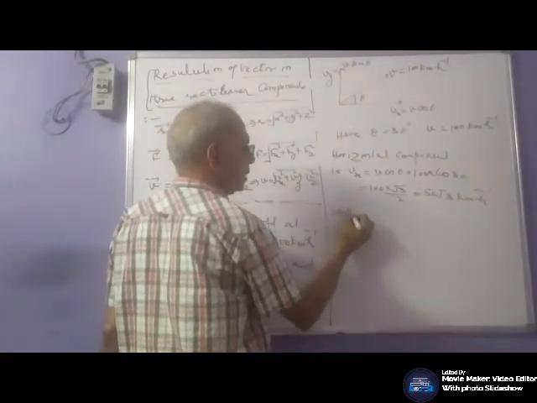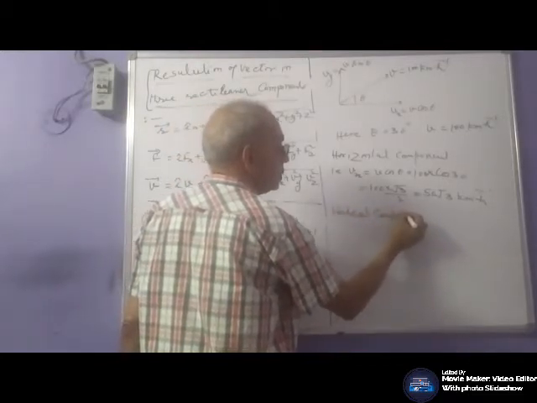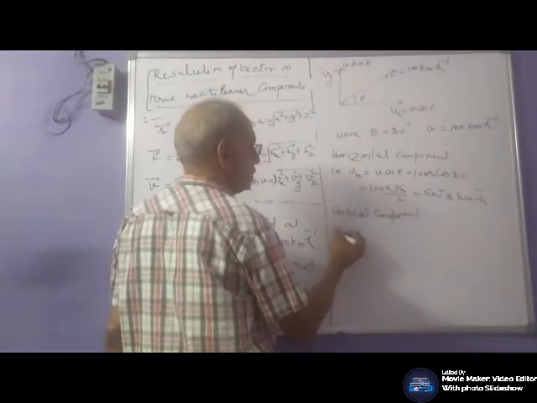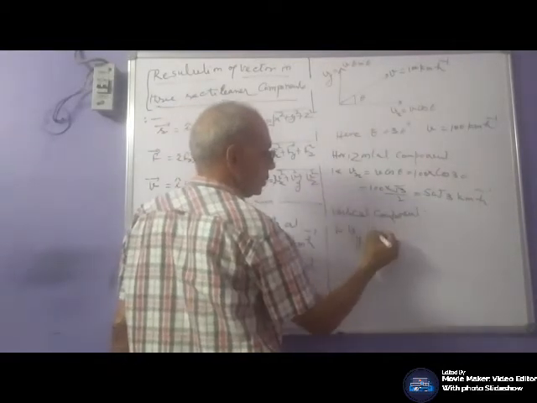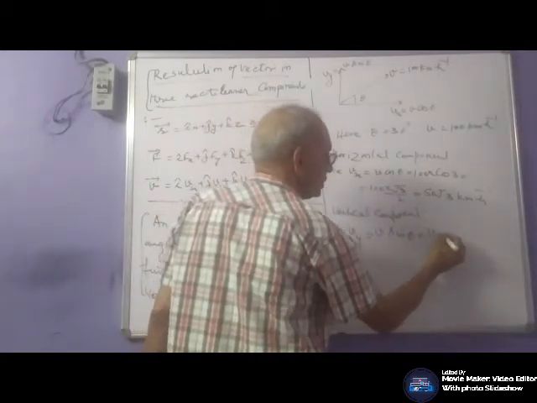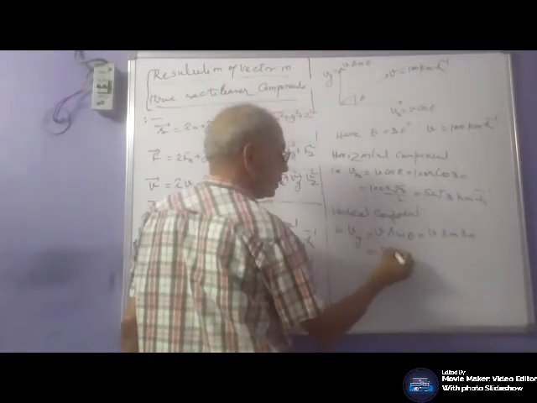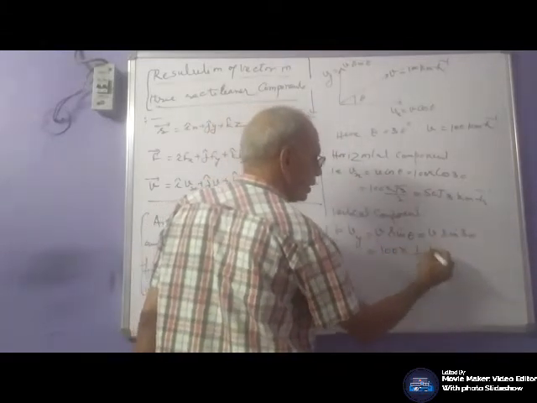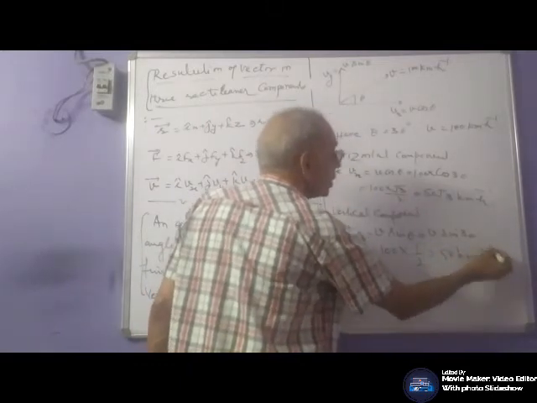Vertical component, that is Vy, it is what? V sin theta, it is V sin 30, V is 100, sin 30 is 1 by 2, it is what? 50 kilometer per hour.